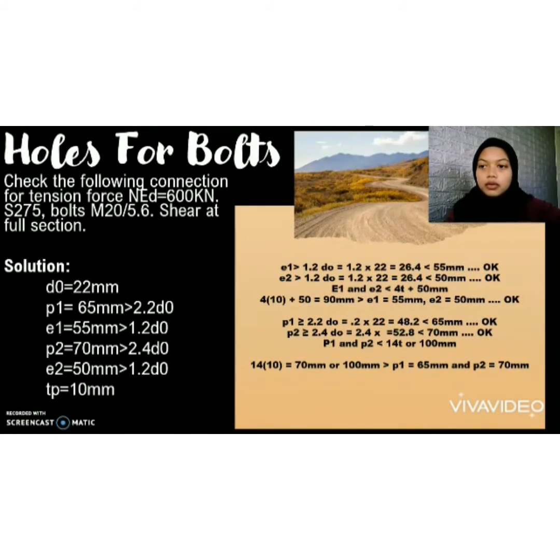Hole for bolts. Check the following connection for tension force NED equal to 600 kN. Section 275, bolt M20, grade 5.6, shear at full section. The solution: D0 equal to 22 mm, P1 equal to 65 mm, E1 equal to 55 mm, P2 equal to 70 mm, E2 equal to 50 mm, and TP equal to 10 mm.